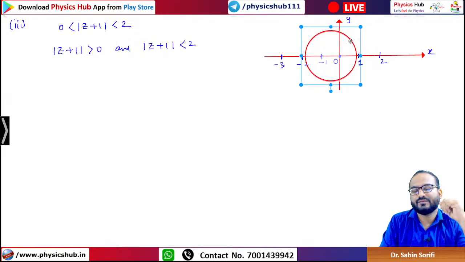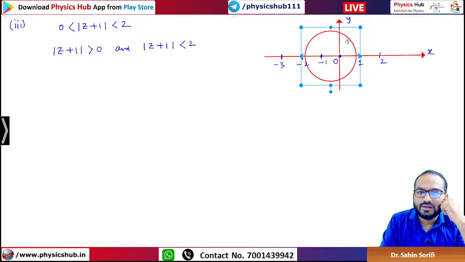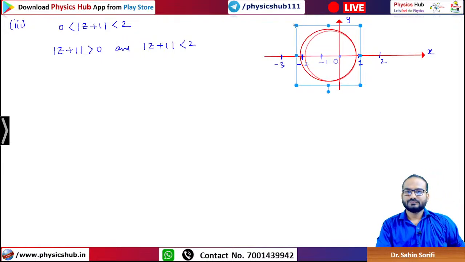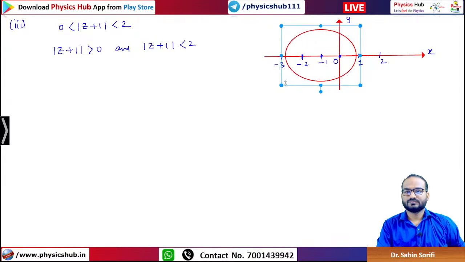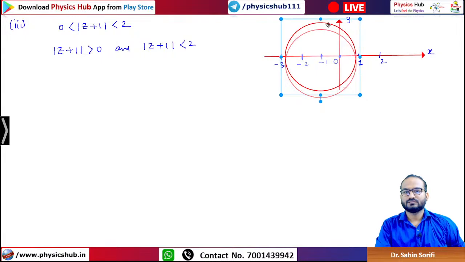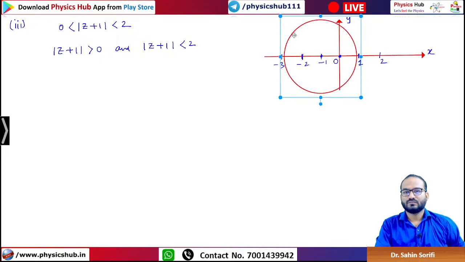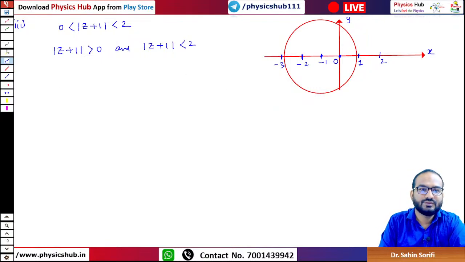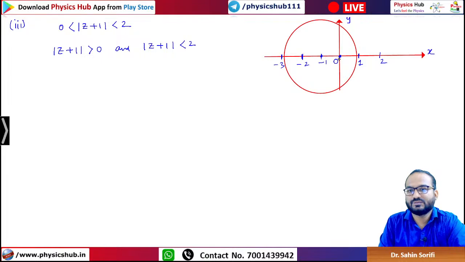Can you draw a circle like this? Okay, yes. Now as you can see, this is the circle whose radius is more than 0 unit but less than 2 unit.